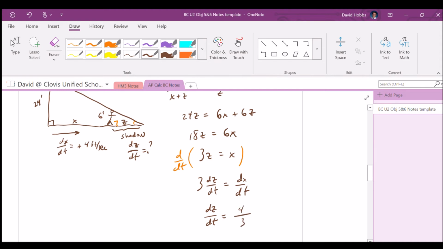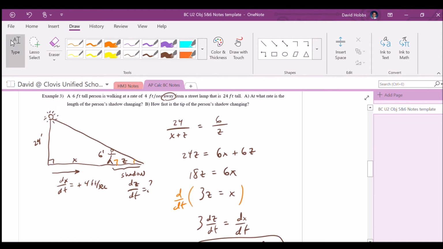See that it didn't really matter at what time this thing is happening, since the person is moving at a constant rate of speed here. 4/3, now that's a length, so it's just the distance unit, which is feet, per the time unit, second.